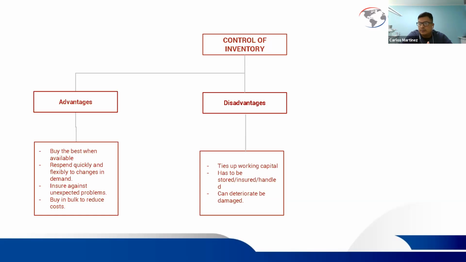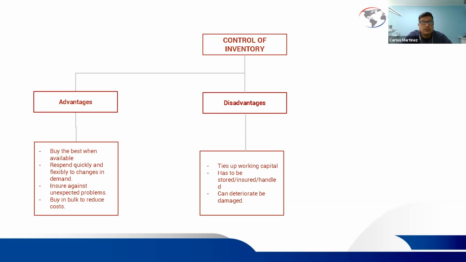So this will definitely increase the costs. And finally, it can deteriorate or be damaged. Like we mentioned before, if you're going to store things, you run this risk. That's why we go back to the second point, where insurance is necessary.